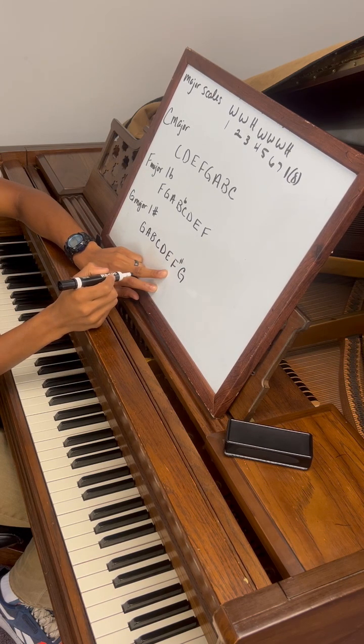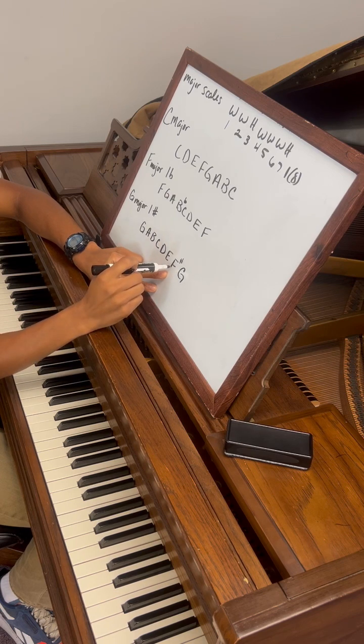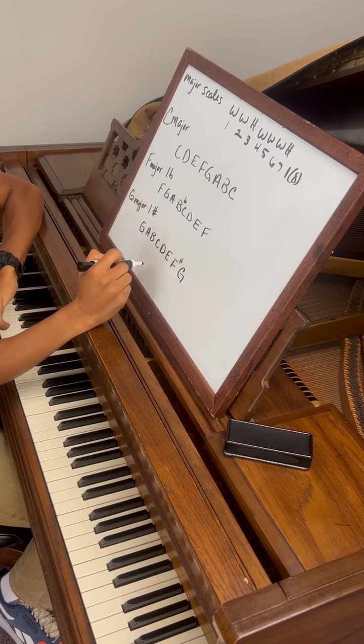So now we have F sharp, so E to F sharp is the full step that we needed, and then F sharp to G is the half step.